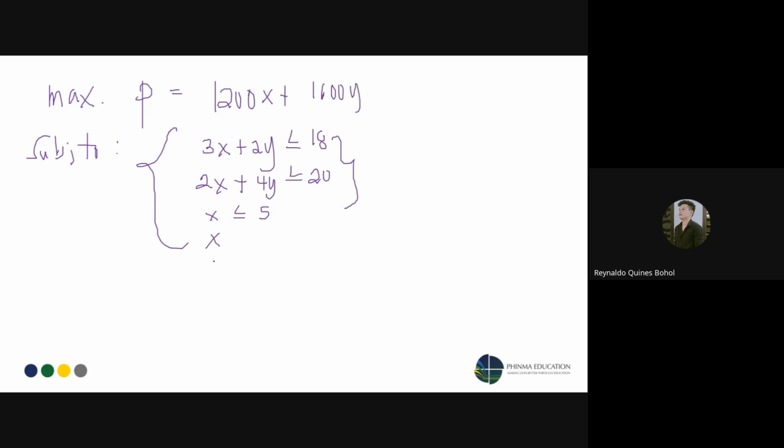And of course, the constant implicit, x and y. So palagi siyang greater than or equal to 0 and 0. So tawag dyan is implicit or non-negativity constraints. Ito naman yung explicit na.